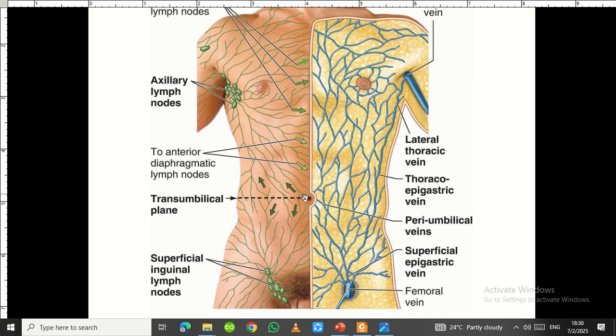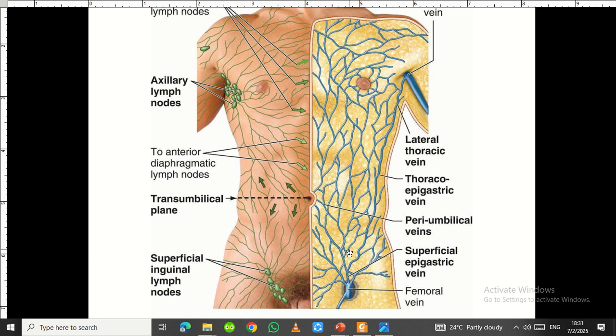And the umbilical vein, as it enters the umbilical cord, will be in the free border of the falciform ligament, if you remember. And then later it's going to form the ligamentum teres hepatis, or the round ligament of the liver. So these para-umbilical veins will actually be accommodated together with this round ligament of the liver, draining into the portal system. You understand? So in this region, we have three para-umbilical veins draining into the portal vein.